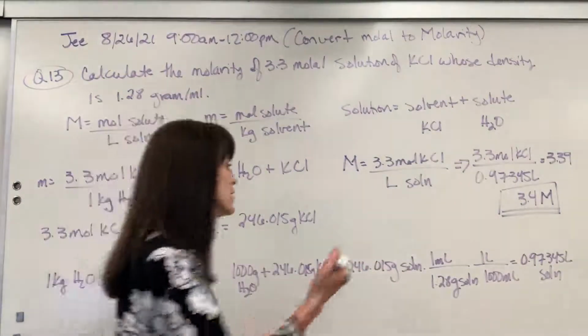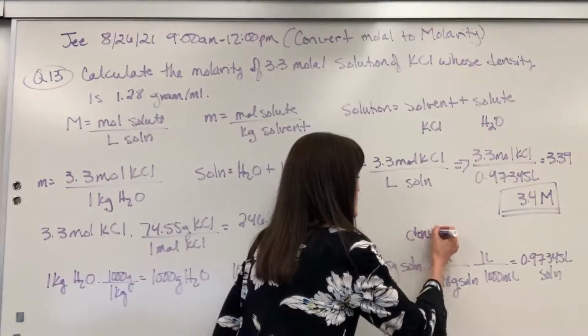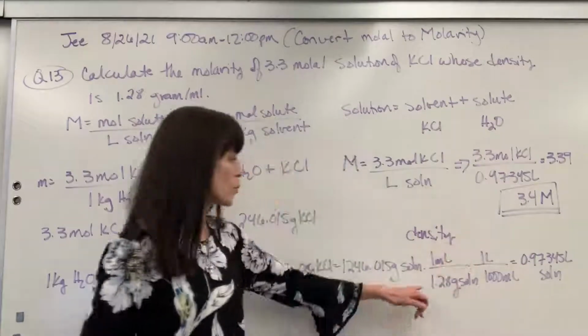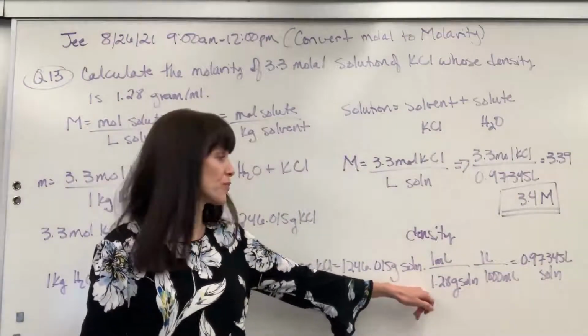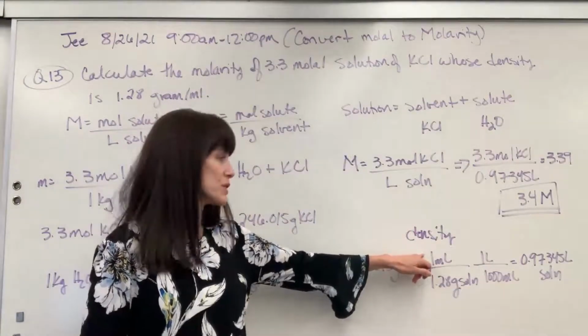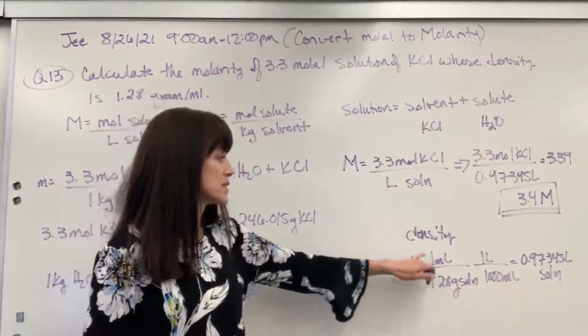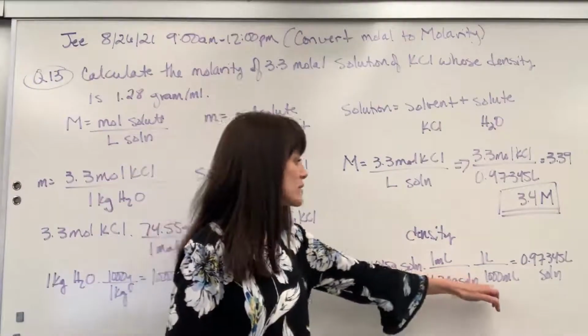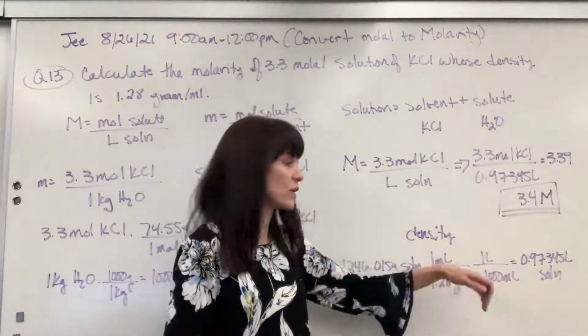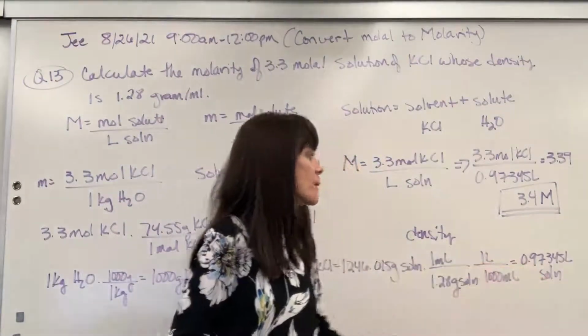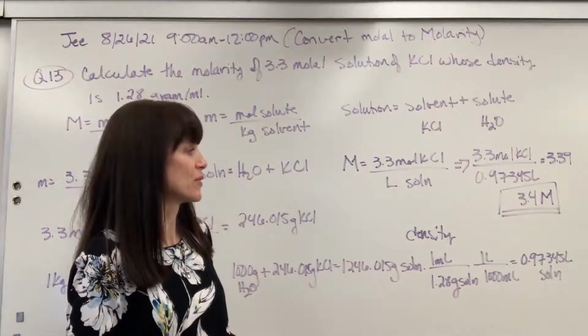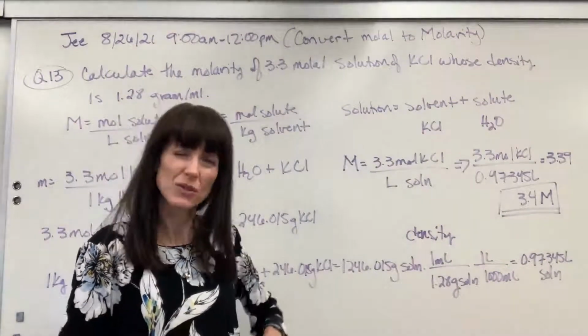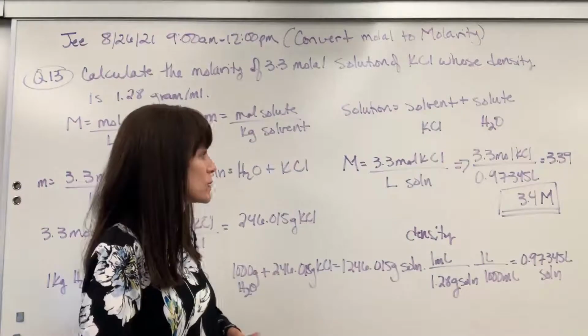Let me write this down. This is the density. So there's 1.28 grams of solution for every 1 mL of solution. That brings us to mL, and then I want to bring it to liters. That's what I need for molarity, and so it will be 1,000 mL in 1 liter, that gives us 0.97345 liters of solution. So nearly a liter of solution.